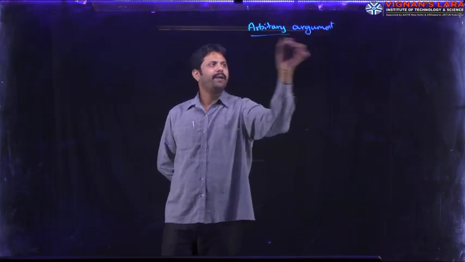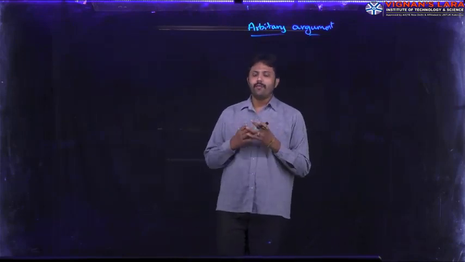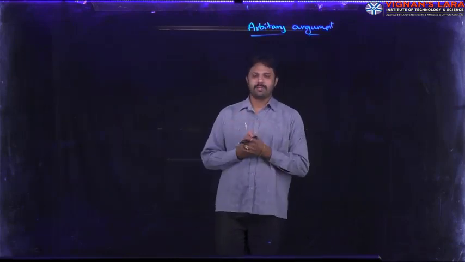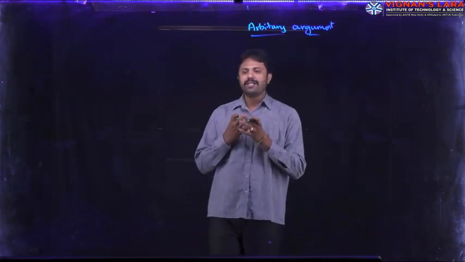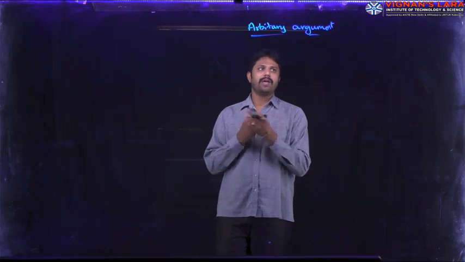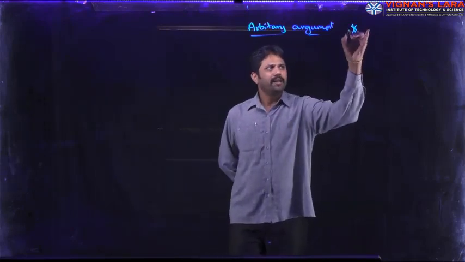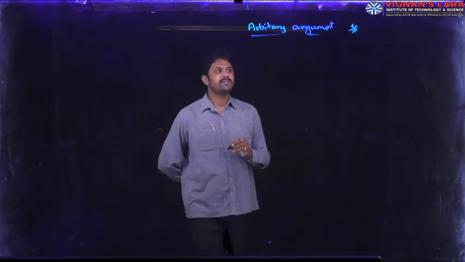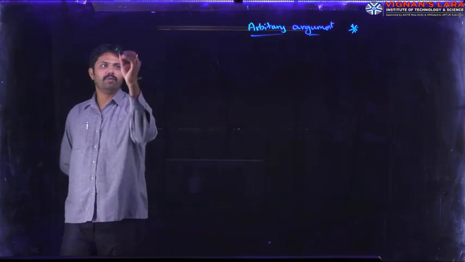What are arbitrary arguments? Arbitrary arguments means if you pass multiple arguments, those arguments are in the form of a list, and we simply call them arbitrary arguments. You represent those arguments by using the star symbol in Python. Let us see how you can perform this.